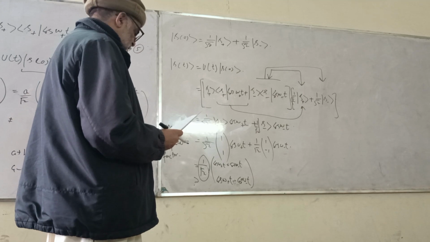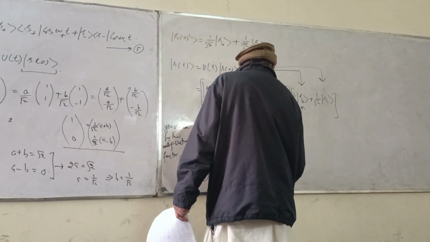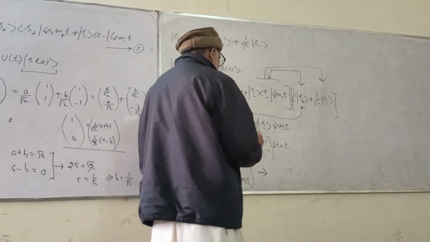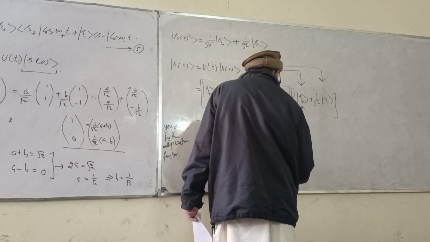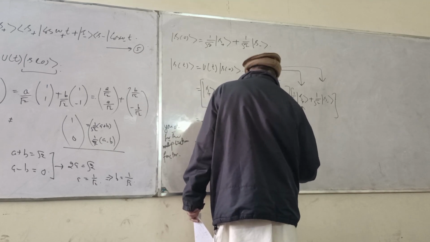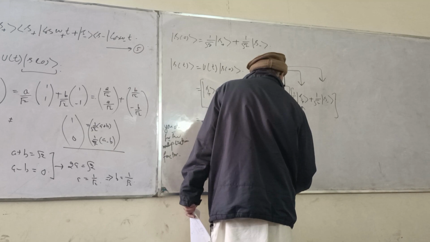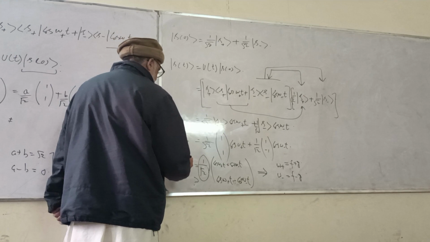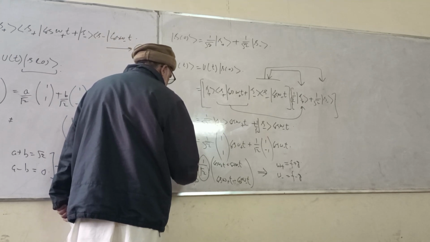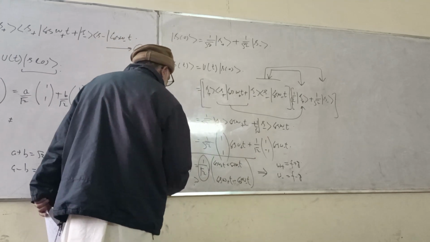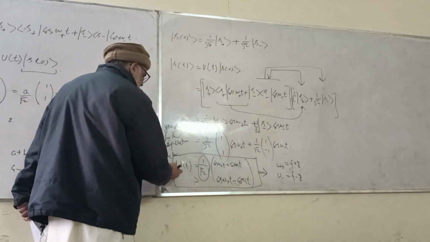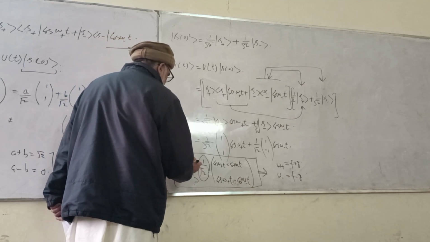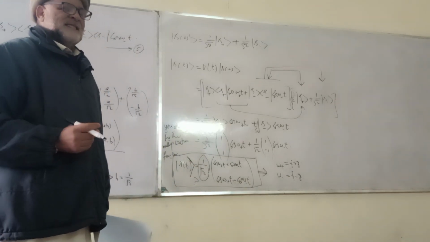You can simplify it further by putting omega plus is equal to f plus g and omega minus is equal to f minus g. So that is like your s of t, that is your vector for any time t, at some time t, the future state.